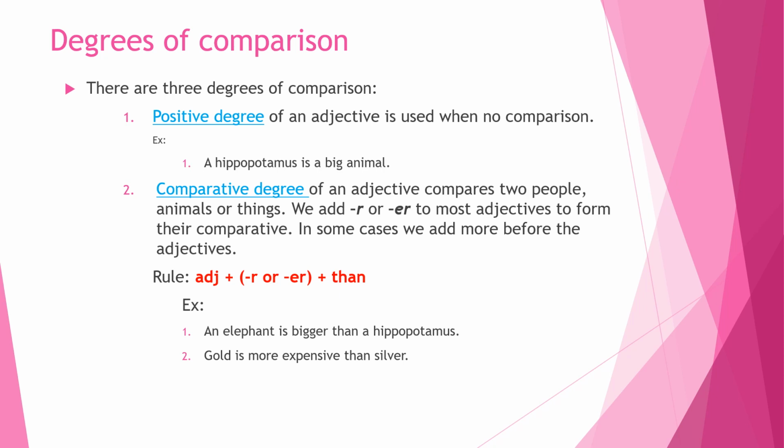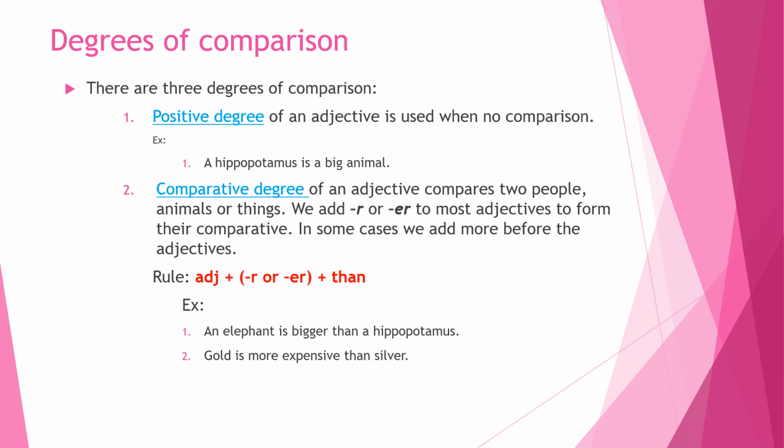When we are comparing two nouns, gold is more expensive than silver. To the adjective expensive, we cannot add er or r, so we add more. So, in this example, gold is more expensive than silver.